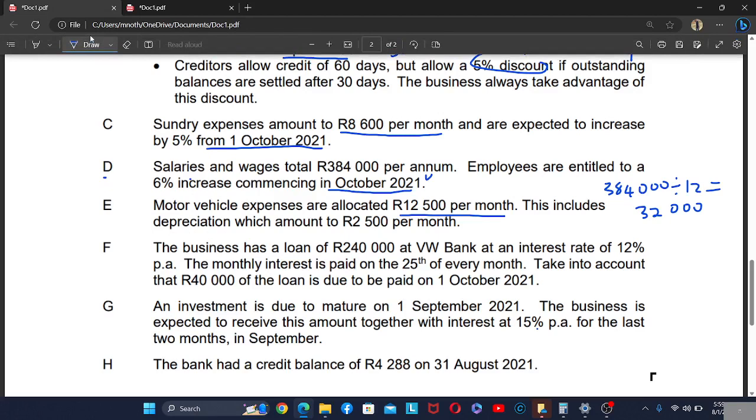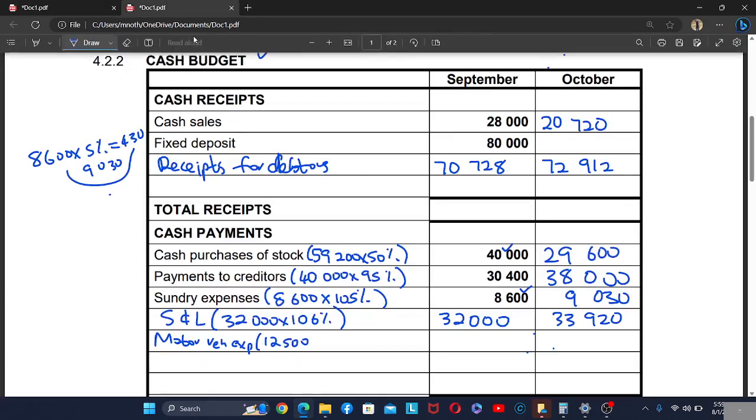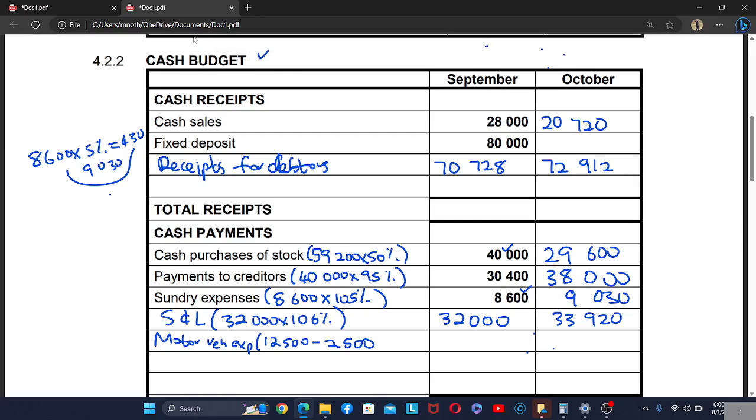So they are saying that these motor vehicles expenses include a depreciation of 2.5 per month. Because we know that the cash budget includes the cash items only, we must subtract the depreciation, because it does not involve the movement of cash.